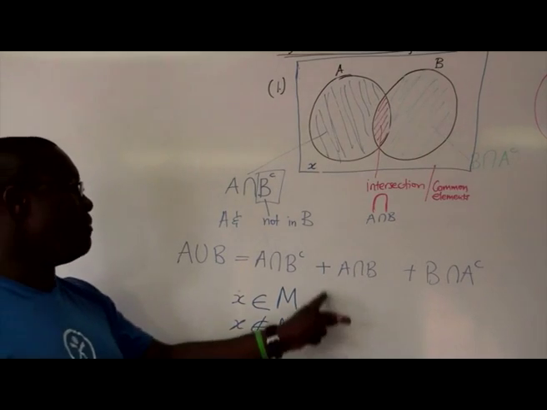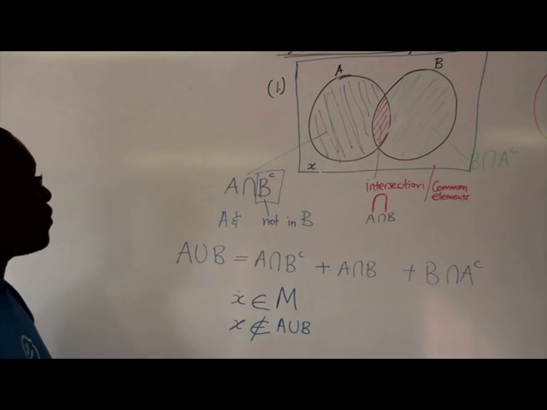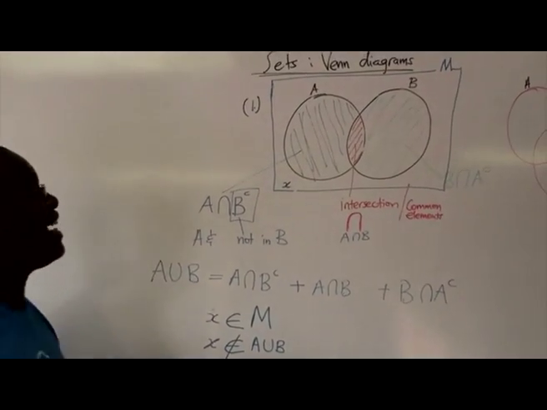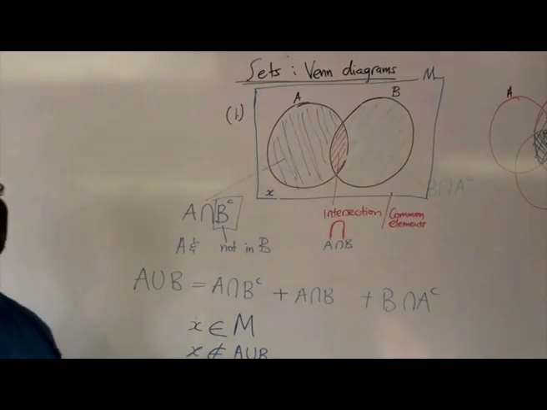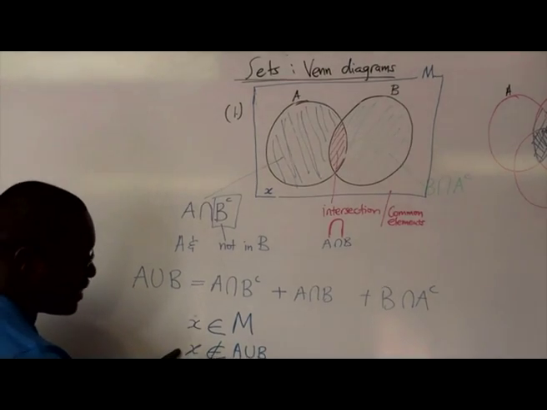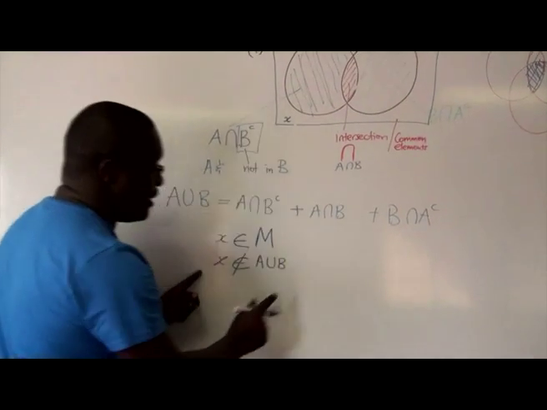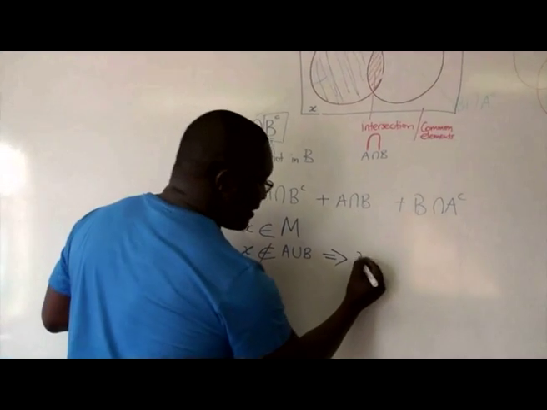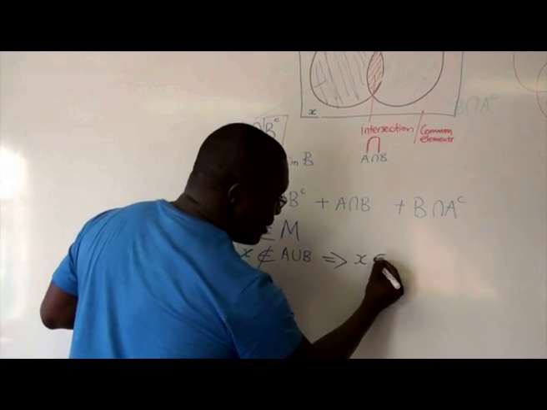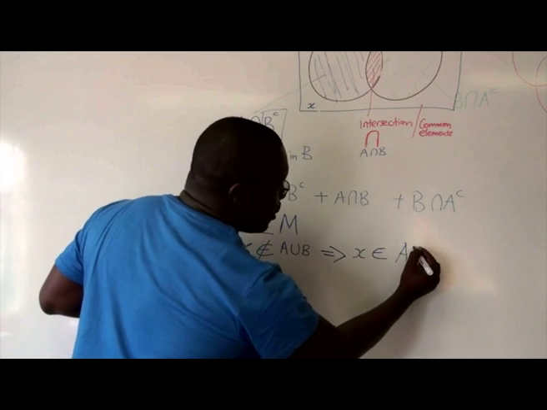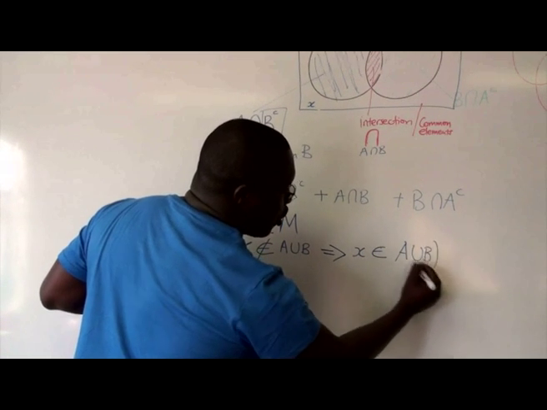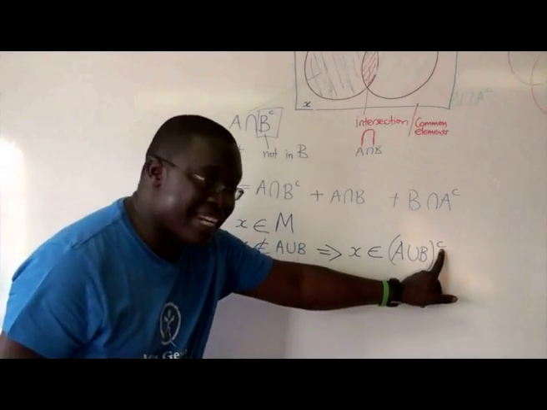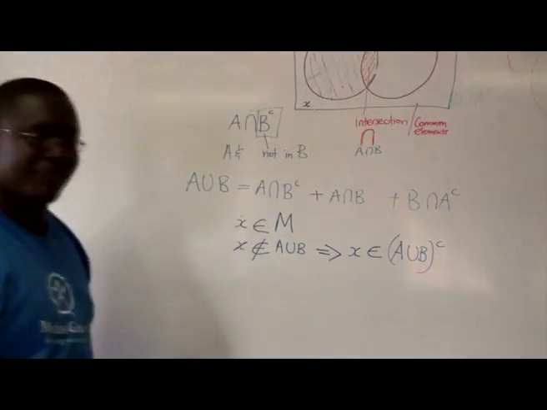So you just need to be able to describe that. So what is this area? What is that area that X is in? Clearly we're saying X is not an element of A union B, so we are saying this implies that X is actually an element of A union B complement, meaning that it's not in A union B.